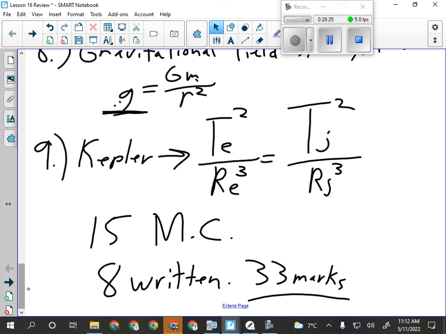Okay, written response. Unbanked curve, banked curve, gravitational field strength. Now, I changed this and I forgot to boldface, italicize, and underline.